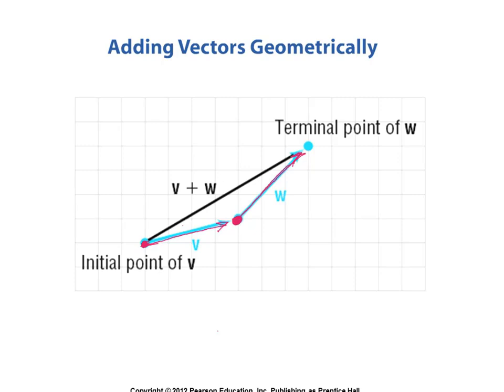When we add them, we call this the head, and this the tail. So we go from the head to the tail. So we start at the initial point and we end at the final point, and that's how we add them.